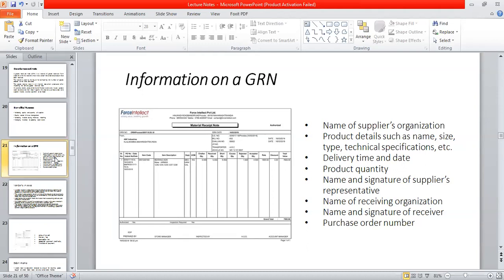So it is important to quote the purchase order number on the goods received note for the purpose of a three-way matching or reconciliation with the purchase order and the supplier invoice.